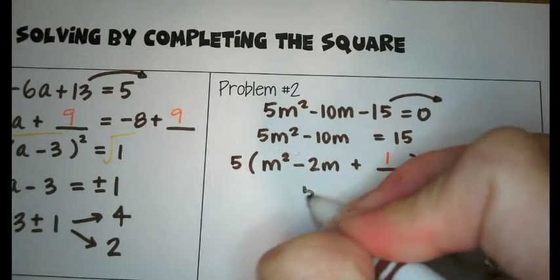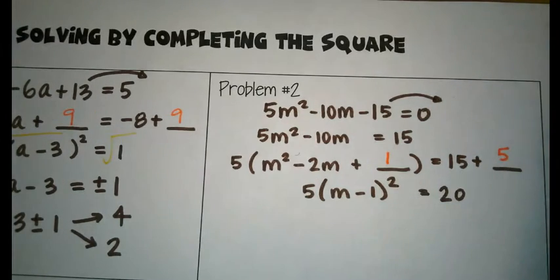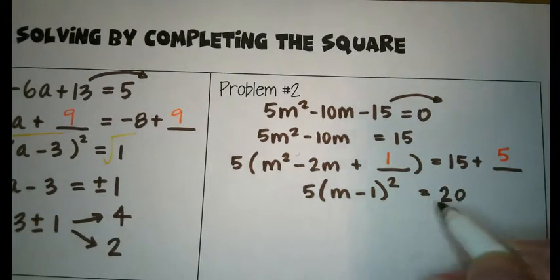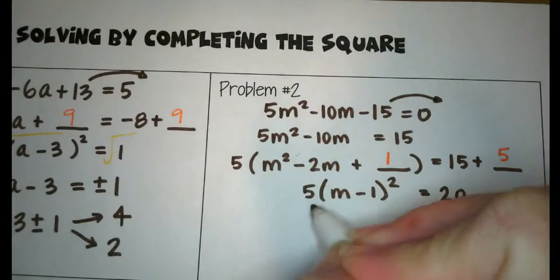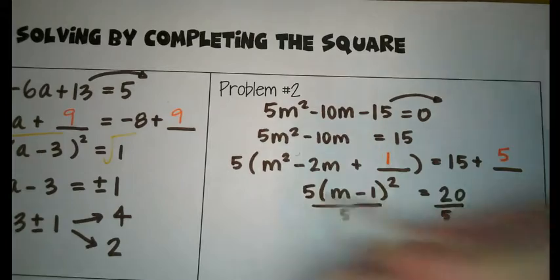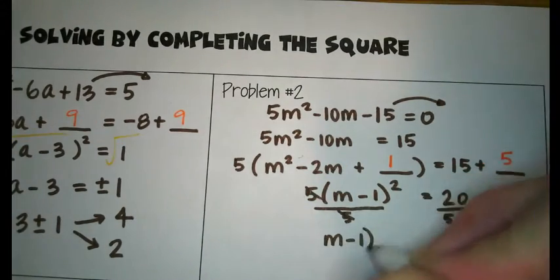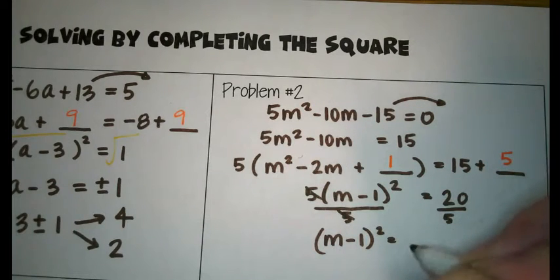On the left, I can factor this trinomial to be m minus 1 squared. Next thing I need to do is divide both sides by 5. So I will get m minus 1 squared equals 4.